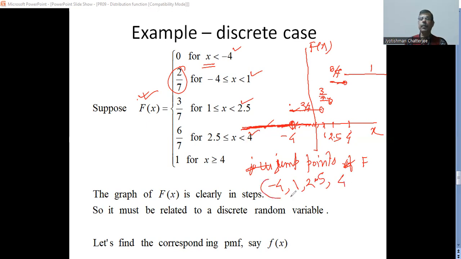So there are only 4 jump points. These are the places where capital X takes values. It can only take these 4 values, -4, 1, 2.5, and 4, nothing else. Now our task is to compute the probabilities of these values. Or in other words, what is the PMF? Let's find out the corresponding PMF.